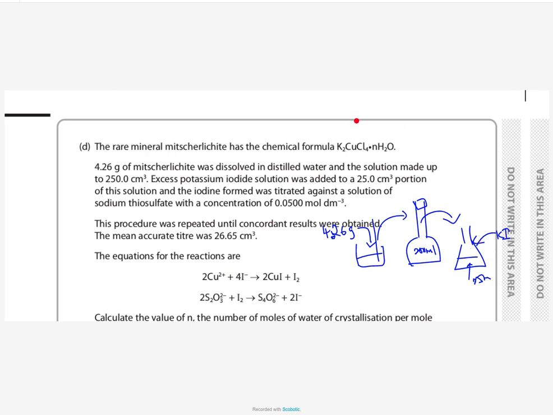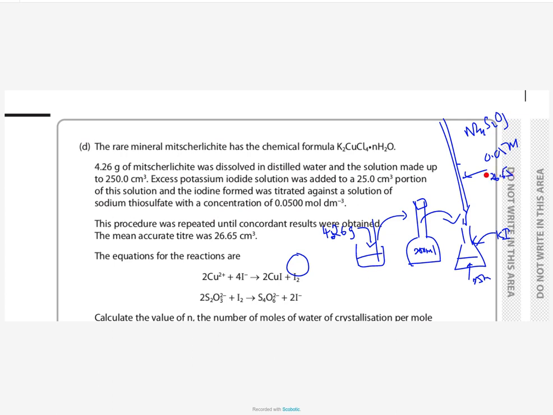The Cu2+ ion reacts with the potassium iodide, and that produces iodine. The produced iodine is titrated with sodium thiosulfate. Sodium thiosulfate concentration is 0.05 M, right? And the volume, the mean titer, is 26.64.